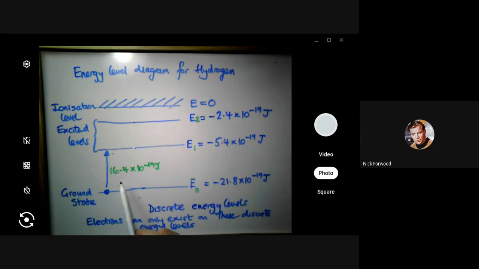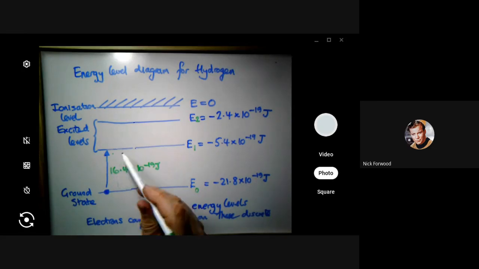And then I can get to there, and that's the next level. If I've got only, I don't know, 5.0 times 10 to the negative 19 joules, I'm not even going to get a third of the way up. And so there's no point, because I cannot live in this space. I can only stop at different energy levels.